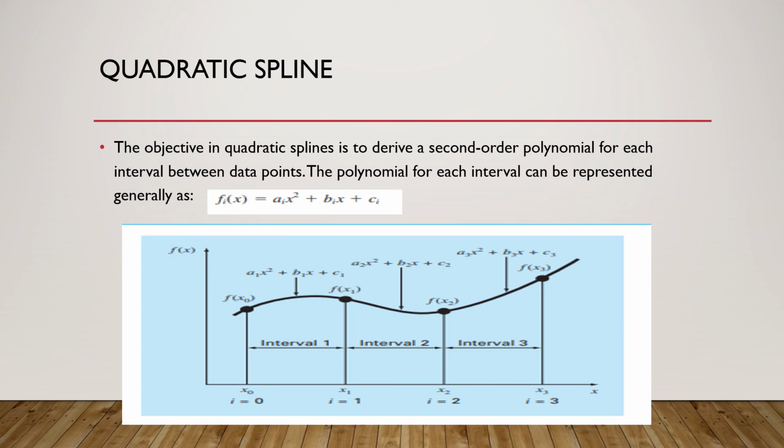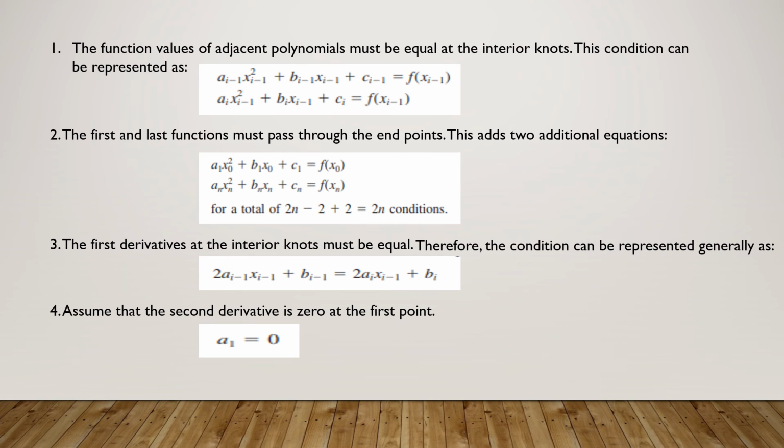So, the polynomial for each interval can be represented generally as f_i(x) is equal to a_i x squared plus b_i x plus c_i. So, the function values of adjacent polynomials must be equal at the interior knots. This condition can be represented as follows.